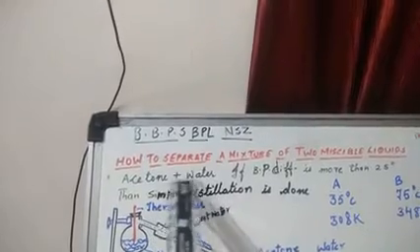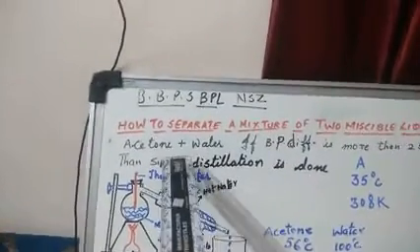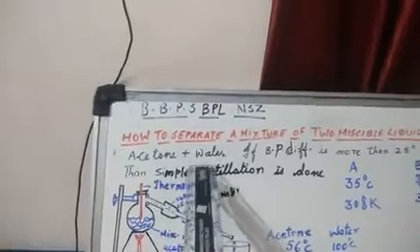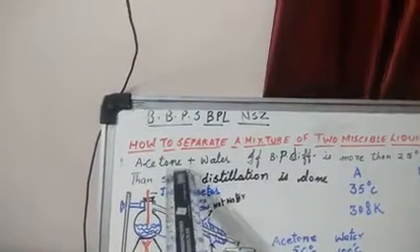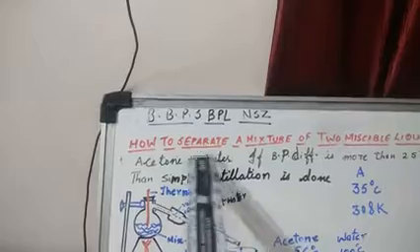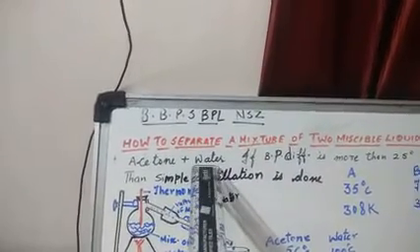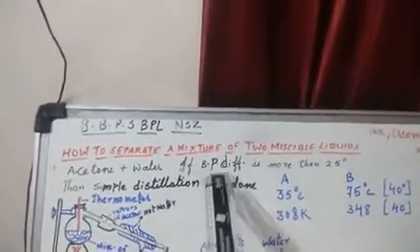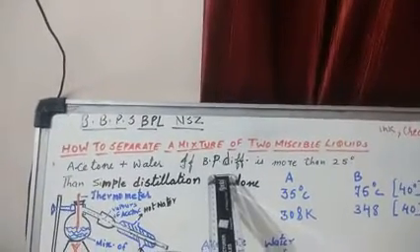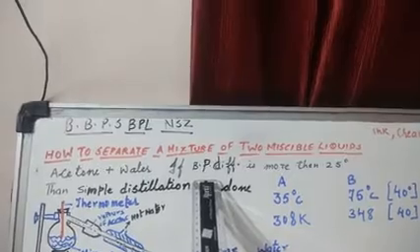After mixing these two together, how can we separate this mixture? These two liquids are soluble into each other, miscible into each other. Then how to separate these two components? So here I am telling you, students, that the boiling point is the temperature at which liquids start boiling.